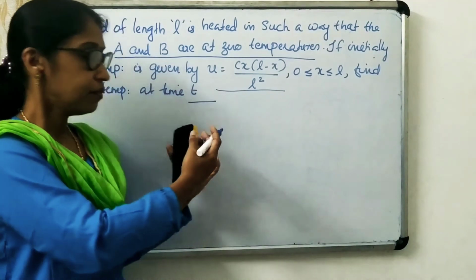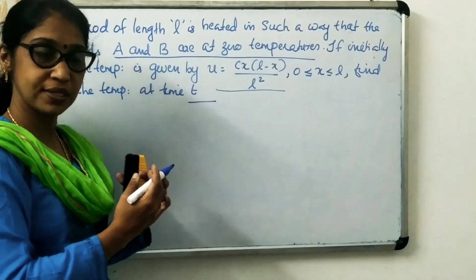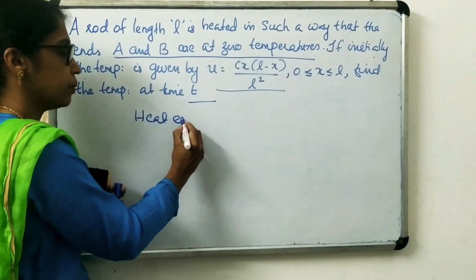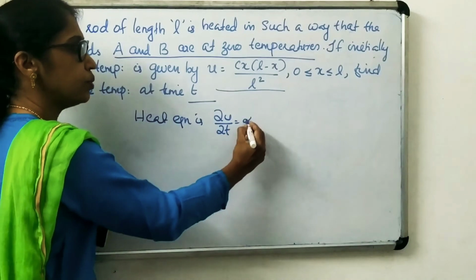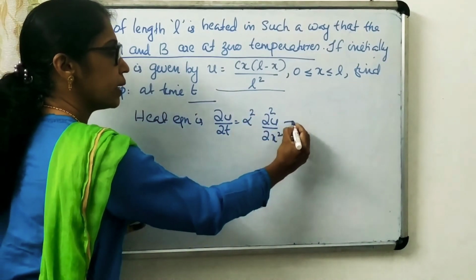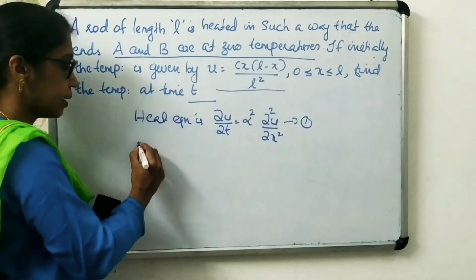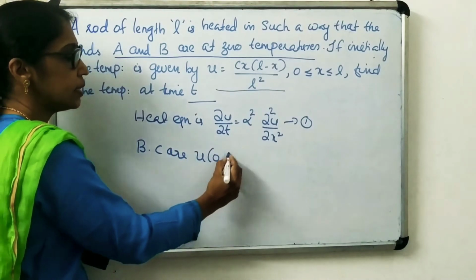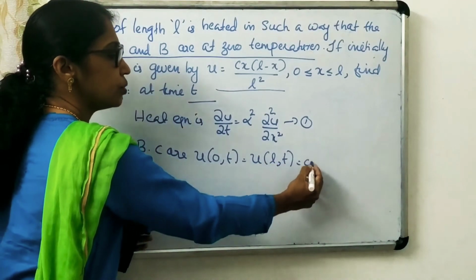Now what is the heat equation? First of all, we have to write the heat equation. The heat equation is ∂U/∂t = α² ∂²U/∂x². That is equation number 1. And the boundary conditions are U(0, t) = U(L, t) = 0.